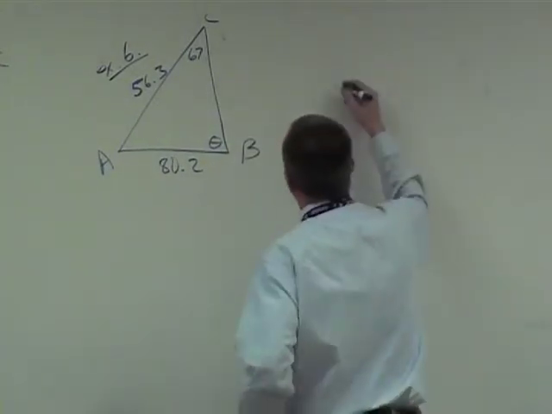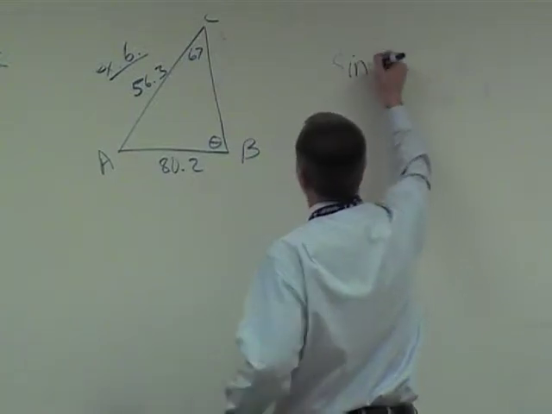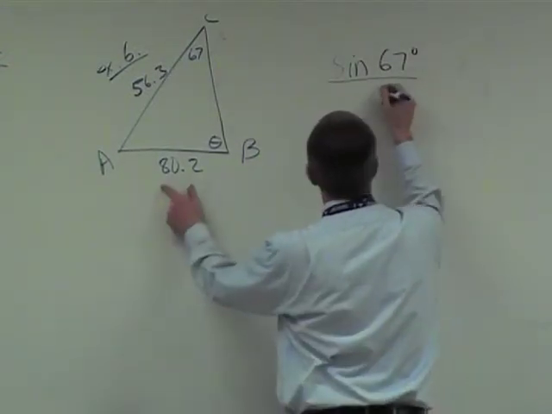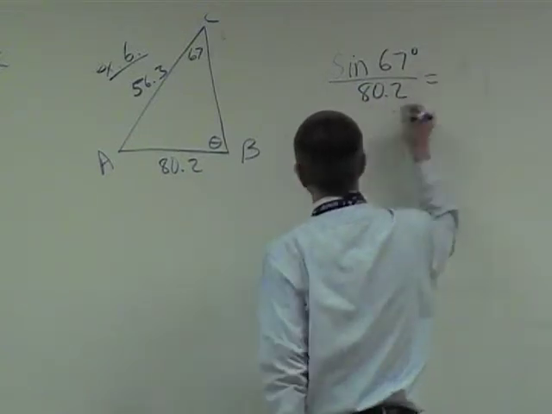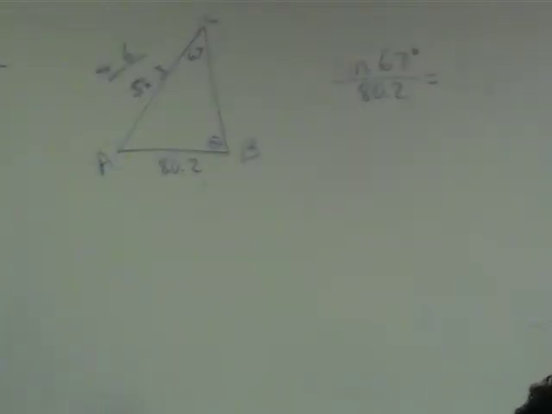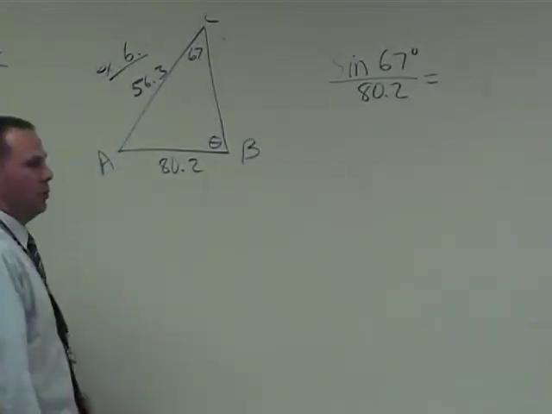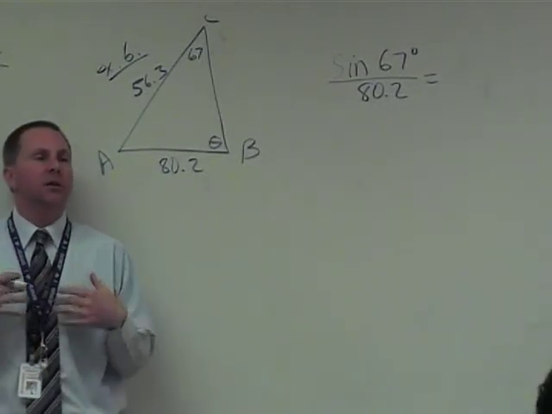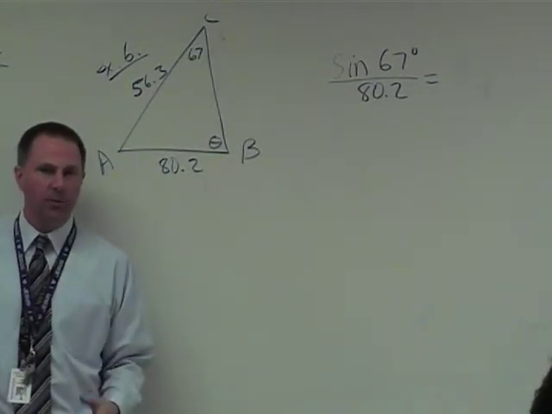So all today you're going to do the sine of whatever thing we have here. Sine of 67 degrees is to 80.2. That's the first ratio. That's the easy one. You have that information. What is it we're looking for? Whatever it is you're looking for, you need to make sure you have that in your proportion.